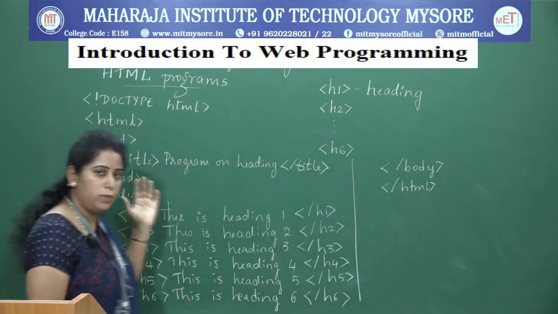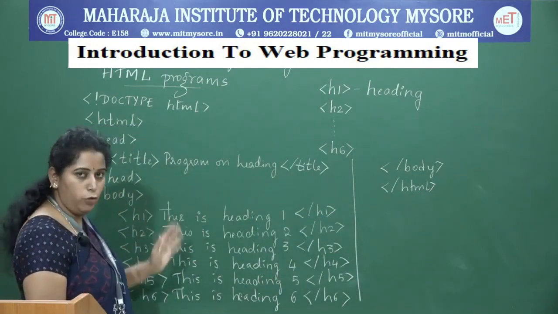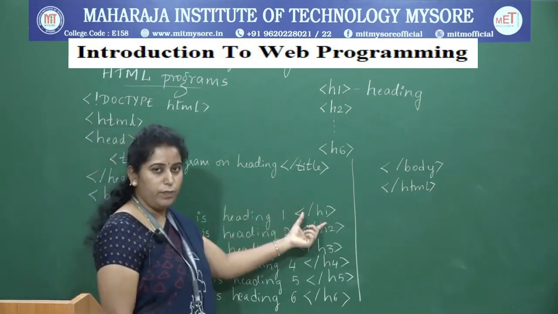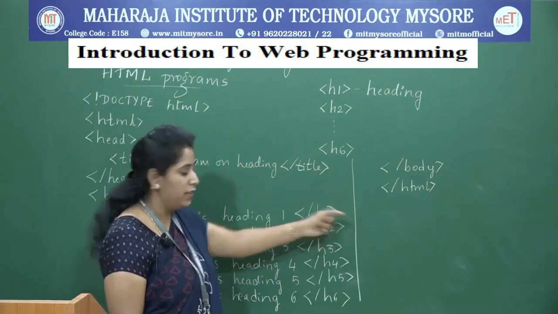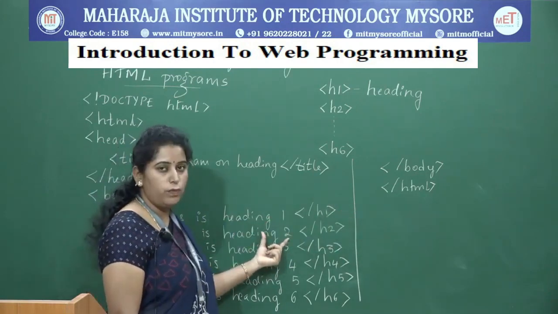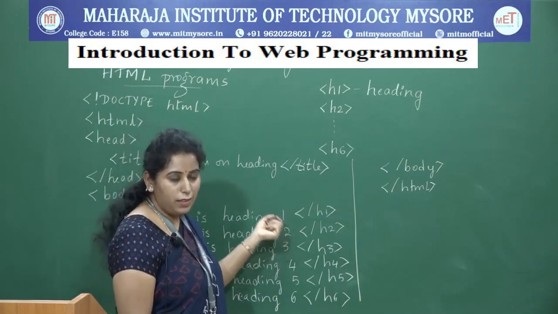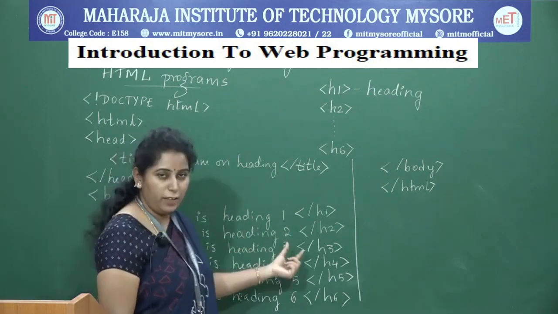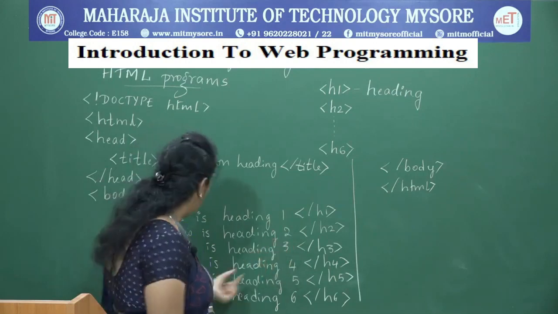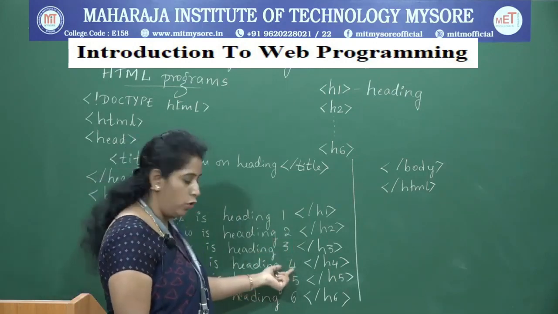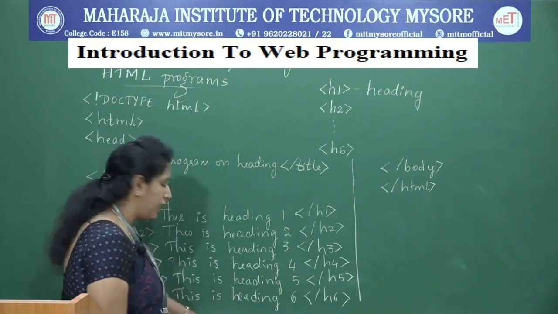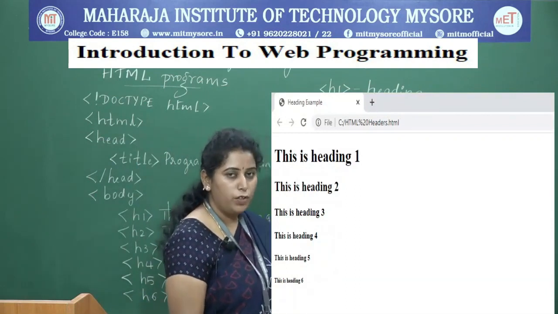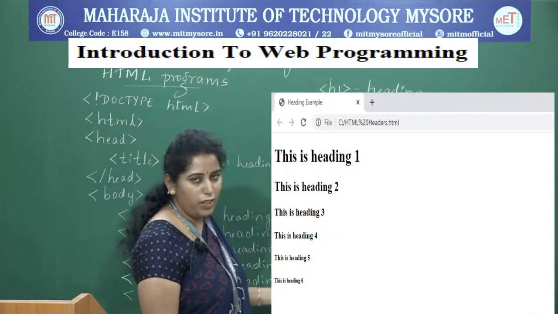Once you run this program, you will get an output with heading 1 in a larger font size, heading 2 in a smaller font size than H1, heading 3 a little smaller, heading 4 smaller still, likewise till H6. You can look at the output and understand how it is working.